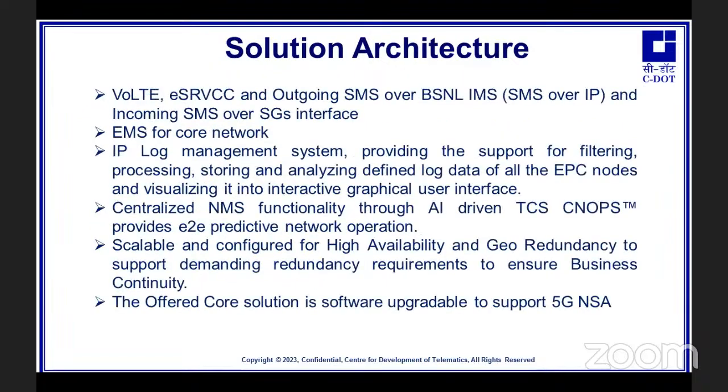SGWC only, not SGWU. SGWC and SGW, basically this SGW selection is required for the signaling purpose only. You have to find out which SGW you are going to use for a particular thing. For example, you can see one SGWC and there are multiple SGW user planes.